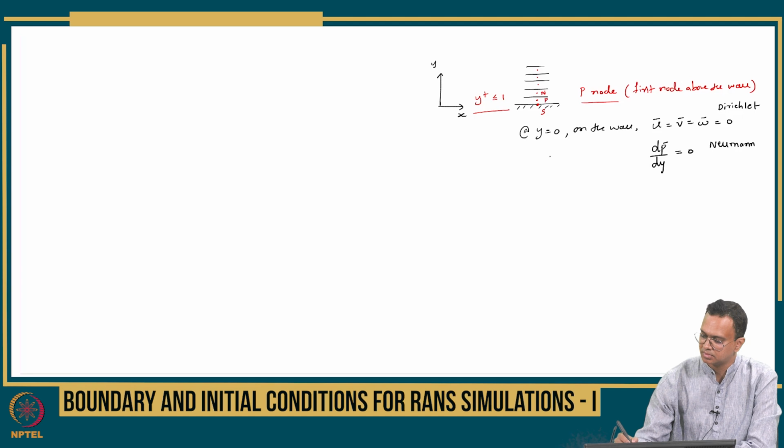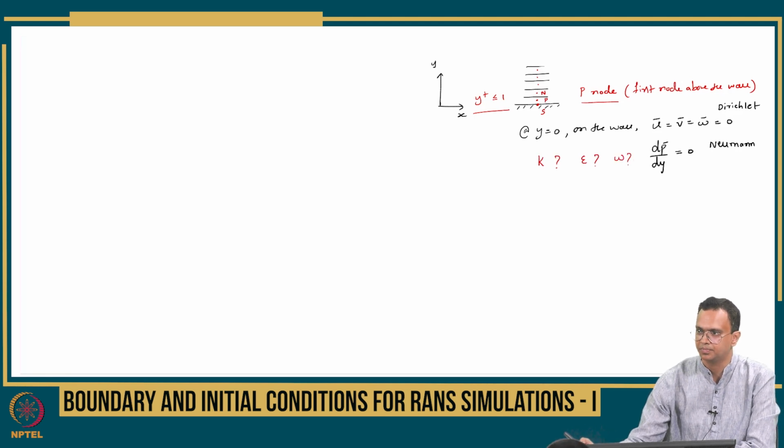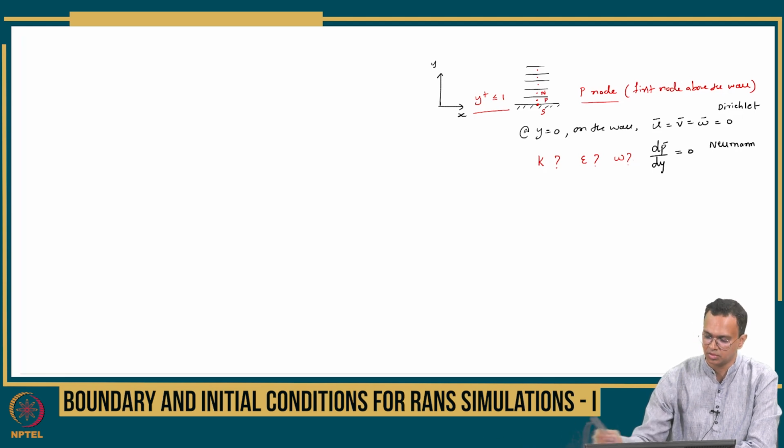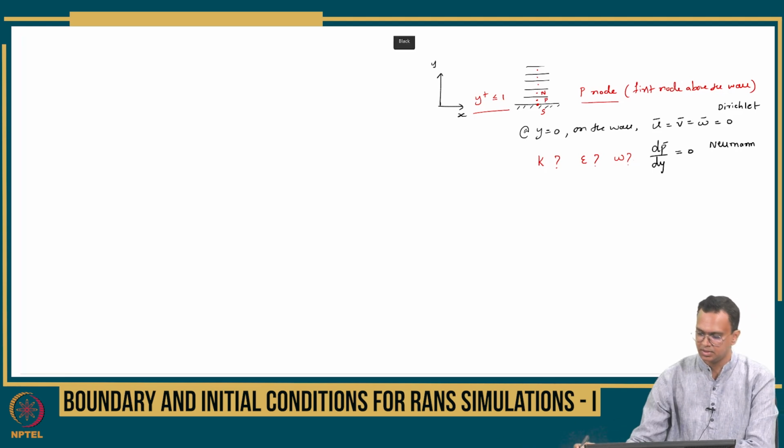So we need a boundary condition for k, epsilon, or if you are computing omega, and so on. So you need a boundary condition for these things as you resolve the wall. So let us see what they have to be. So k on the wall is straightforward also.